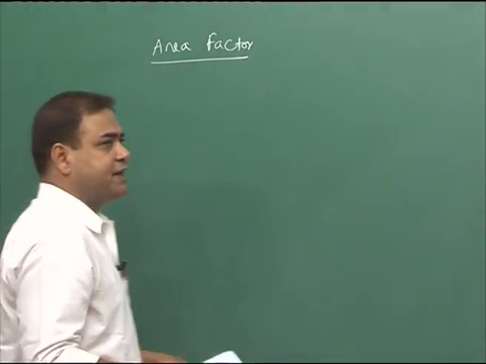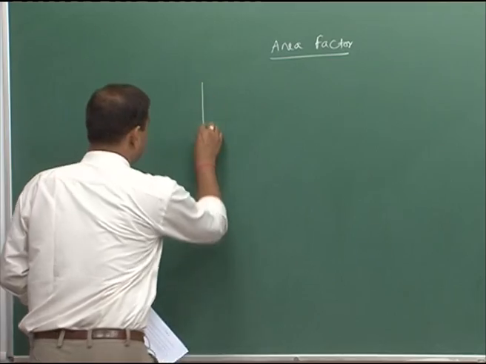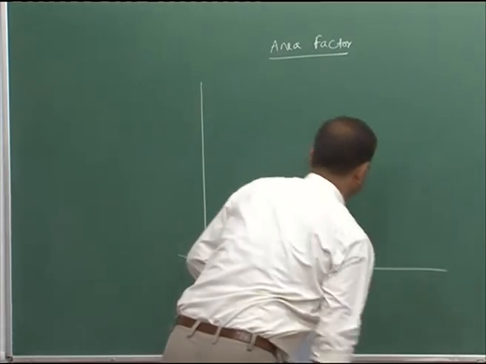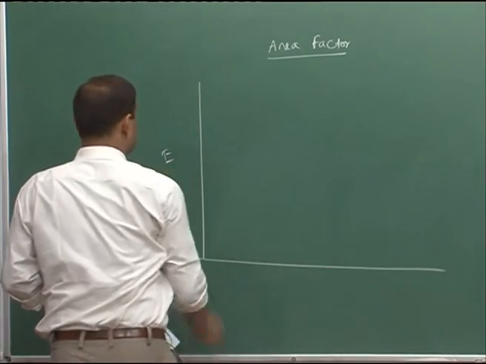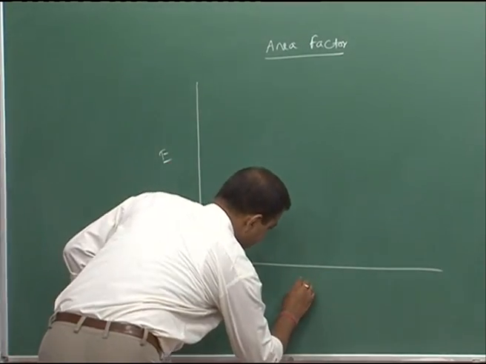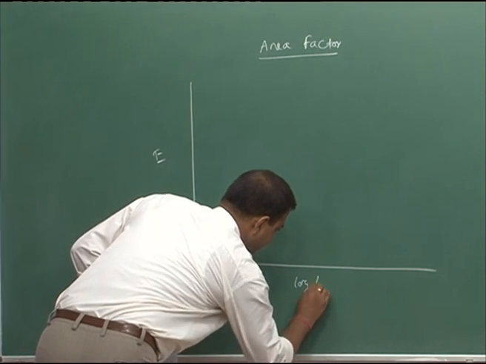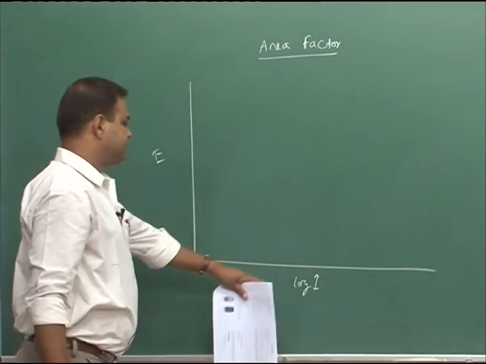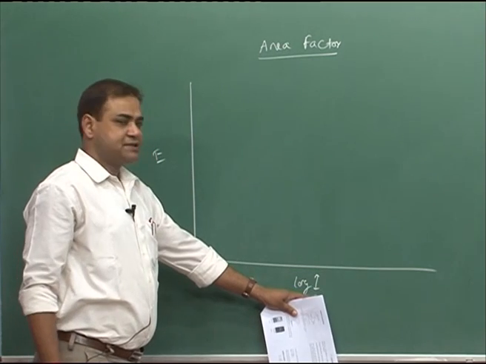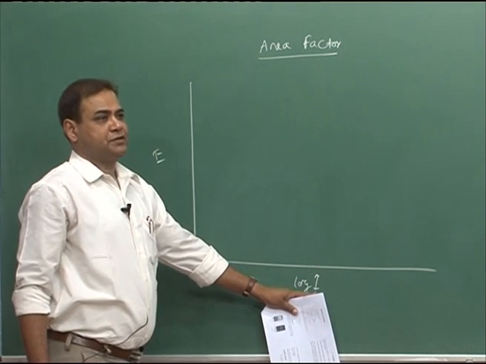And let us again see that particular diagram, that is when we consider mixed potential theory, which is E versus log capital I. Please remember this is not current density, this is rather total current.